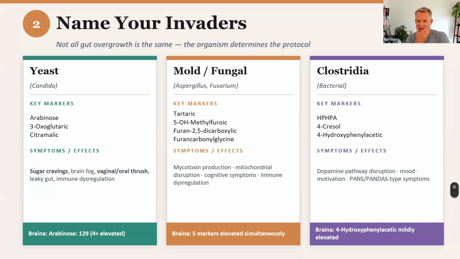Clostridia, it's an interesting one. It's a particular type of bacteria, and it directly interferes with dopamine synthesis, and people can end up with mood issues, either depression, anxiety, low motivation, concentration problems, so ADHD. If you have a kid with these markers high, they're probably going to need some help.